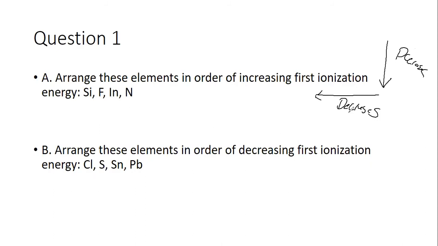If we look at these four, the furthest down into the left is In, followed by silicon, followed by nitrogen, and then followed by fluorine. In, Si, N, and F.